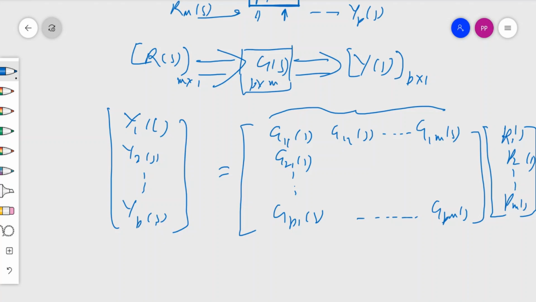So we can represent it as yis equal to sigma i equal to 1, j equal to 1, where i will go up to p and j will go up to m, of gijs and rjs.